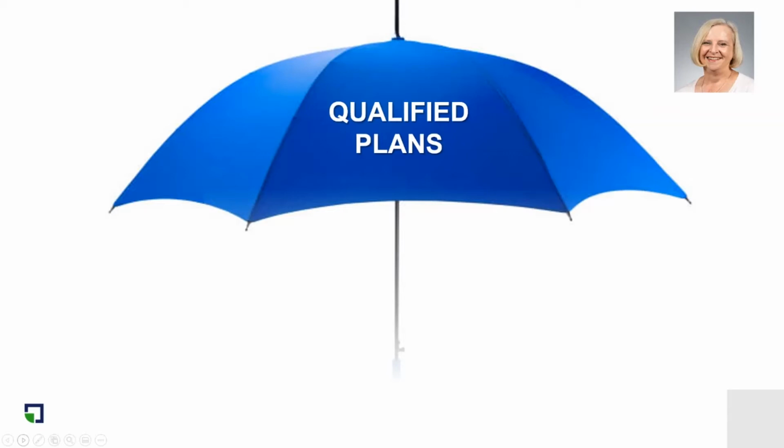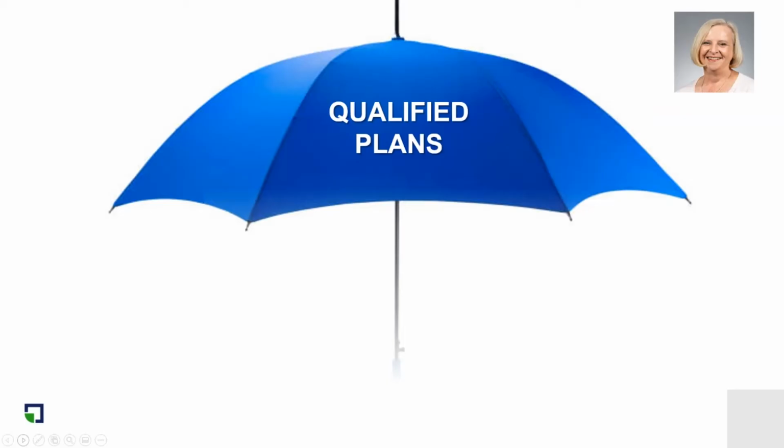So, to start at the beginning, qualified plans are those that are subject to both the Department of Labor and the IRS regulations and have various non-discrimination tests that they must pass in order to remain qualified.